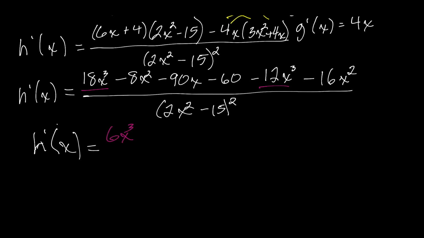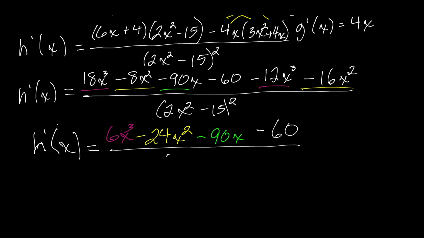Then I have negative 8x squared and negative 16x squared. That gives us a negative 24x squared. Last but not least, there's just a minus 90x and a minus 60. And that is all over 2x squared minus 15, quantity squared.